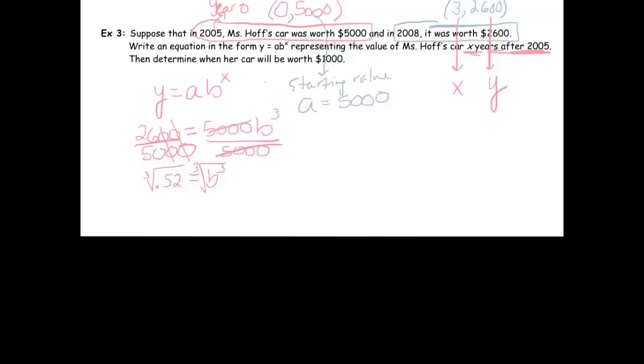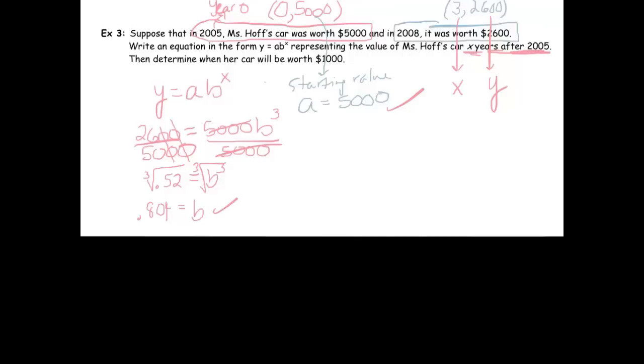And I got 0.80414511517. I'm just going to write the 0.804. And the cube rooting undid the cubing, so I get B. I have my B, I have my A, I am ready to write down my answer for the first question, which is saying write the equation.